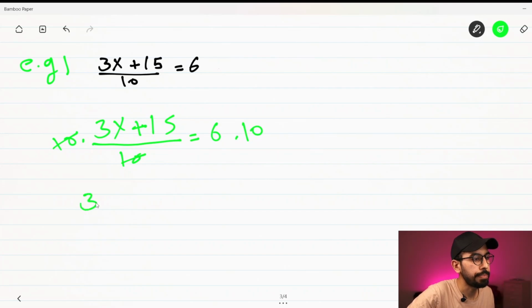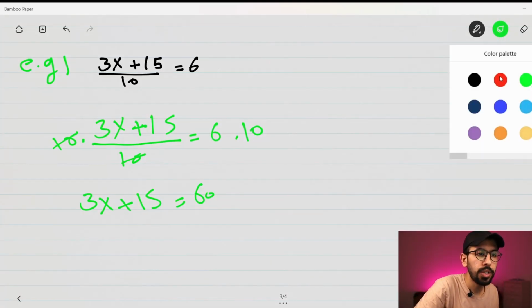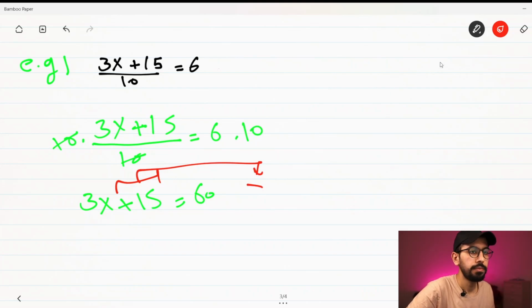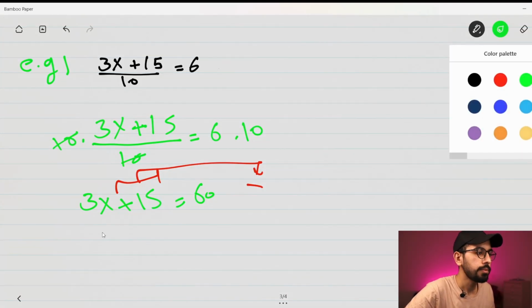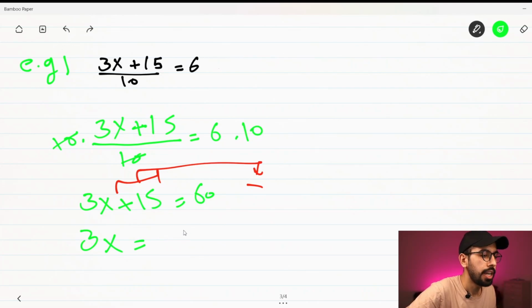The result will be 3x plus 15 equals 60. Now what we need to do is to move this positive 15 to the other side. It will be negative. The result will be 3x equals 60 minus 15.